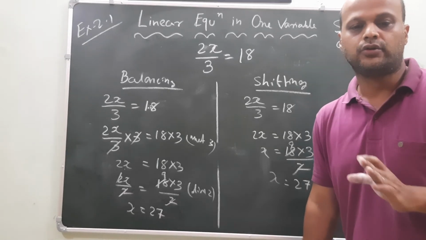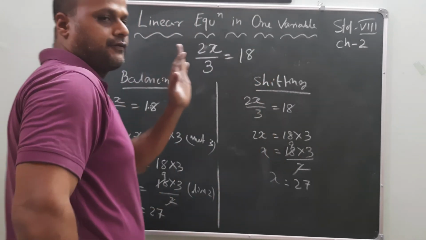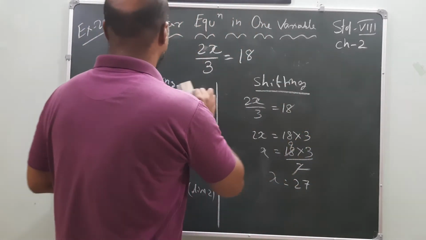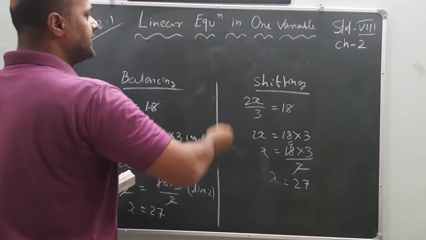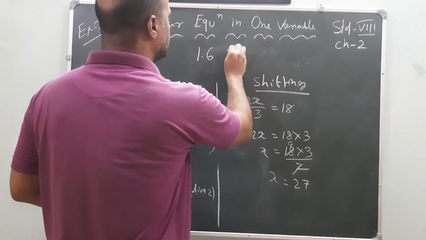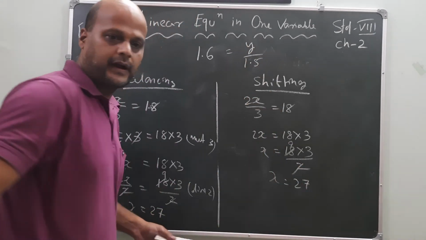Okay, so we will go for a fraction one. Already we did the fraction one, maybe some decimals are there, I think so. Here it says 1.6 is equal to y by 1.5.